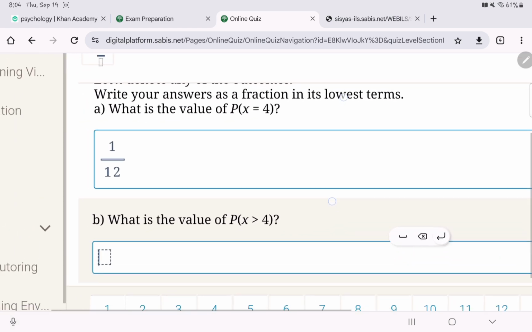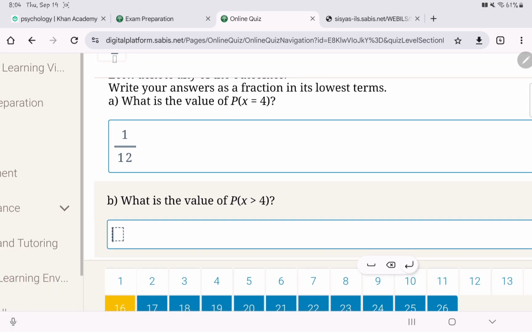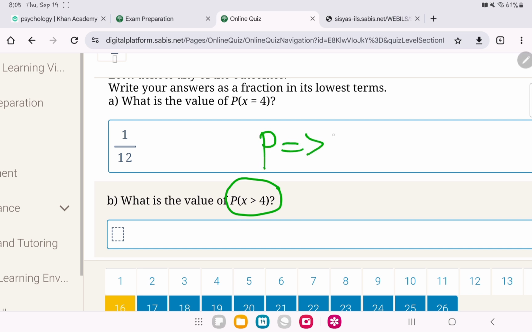Now this is very important. Please focus on this one. What is the value of the probability that x is greater than 4? We know that the possibilities in total are 36. So our denominator has to be 36. Now, there are many ways of doing this.